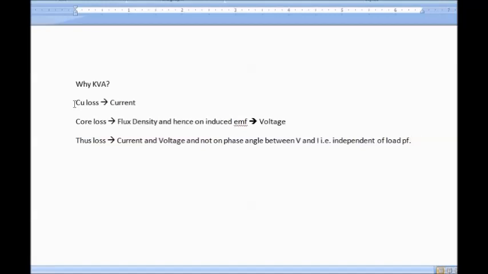Hence we find that this copper loss depends on current and core loss depends on voltage, and the overall loss depends on current and voltage only, that is, the product of current and voltage. So this is the reason why we rate transformer in VA or kVA.